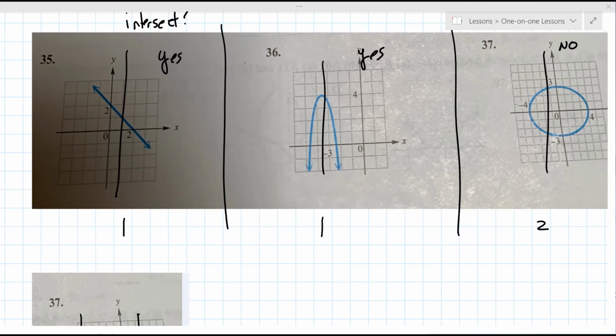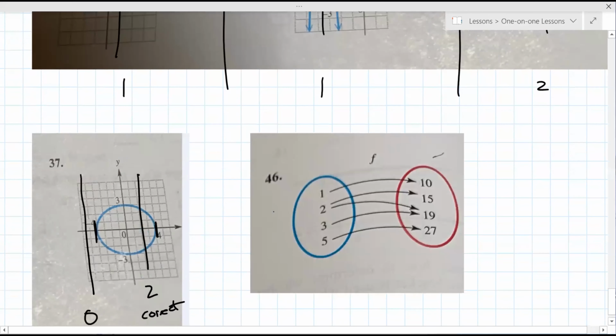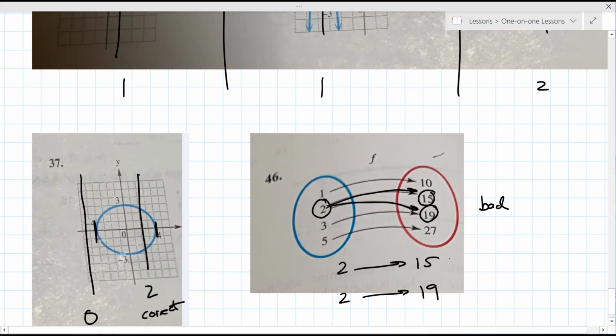So let me copy it over because this is classic. Do you see how 2 goes to both 15 and 19? That's a problem. That's bad. Because 2 goes to 15, but then 2 also goes to 19. See how these are different? You're looking for no duplicates in the X here.